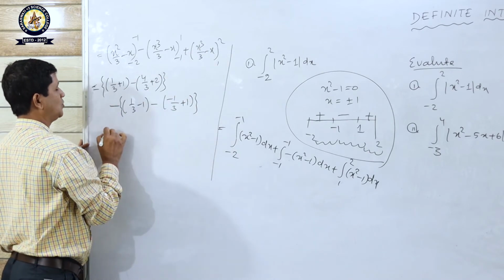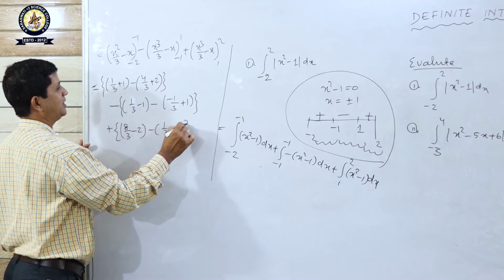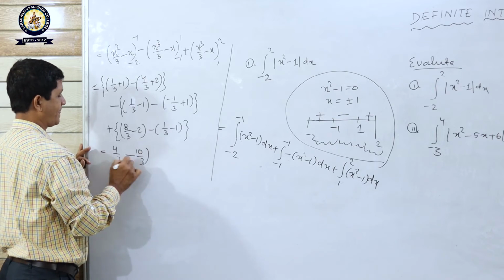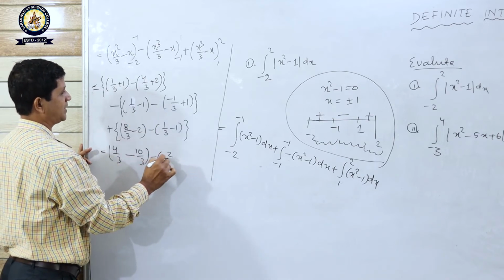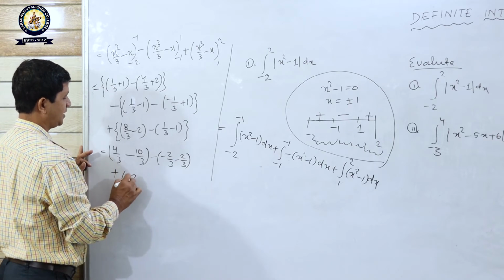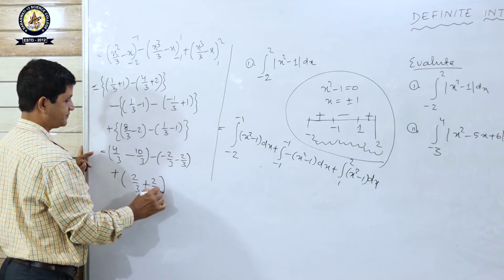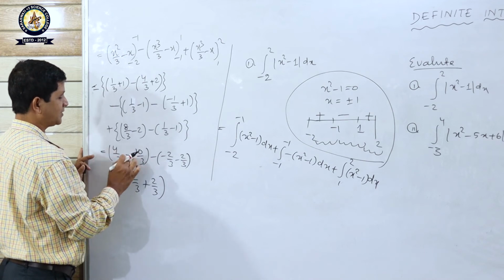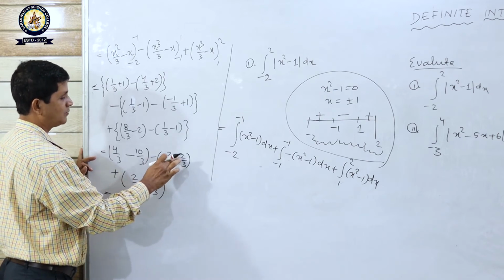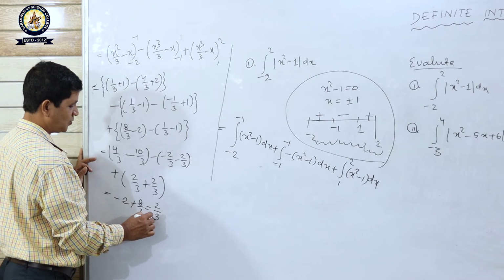And you put here also 2 cube, which means 8 by 3 minus 2, one bracket, minus 1 by 3 minus 1, another bracket. Then 4 by 3 minus 10 by 3 gives -2, and the remaining terms combine to 8 by 3. Finally it is 2 by 3, the final answer.